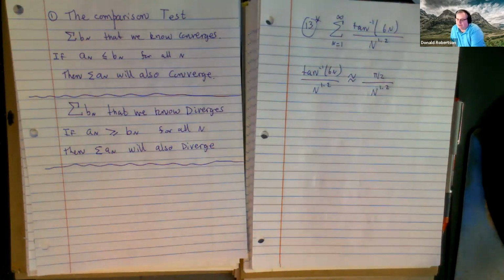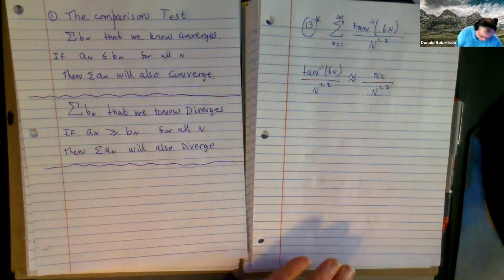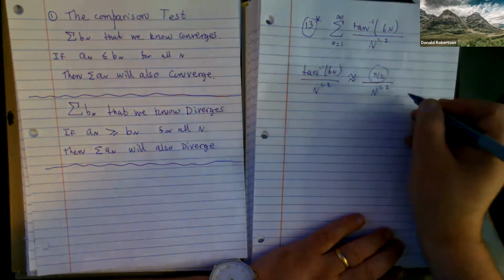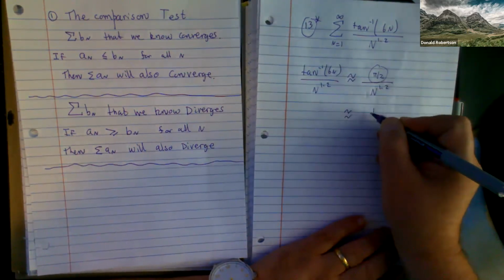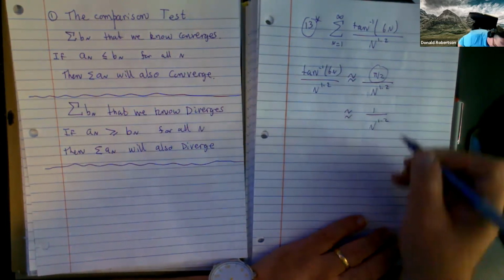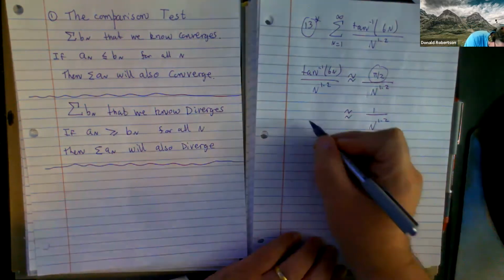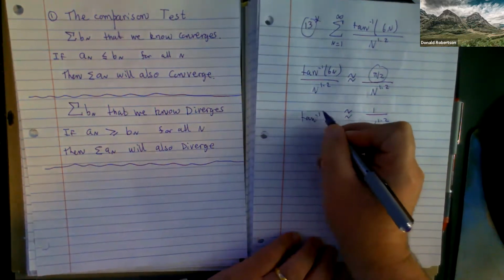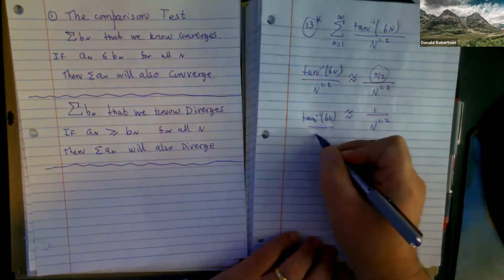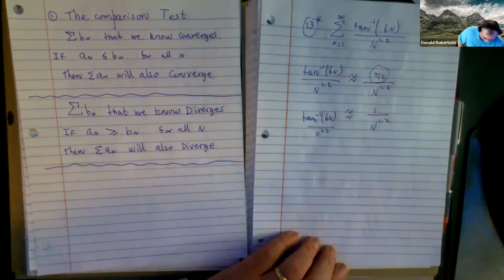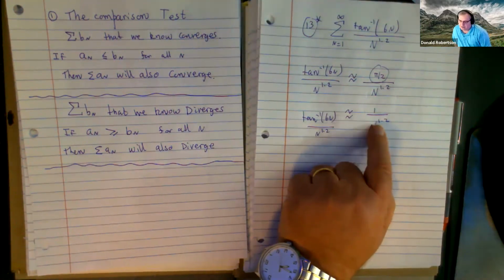Right, the inverse tan of infinity would be pi upon 2. So I don't want fractions, although I could get away with it. I'm just going to call it that guy. So my original function, the one I'm trying to find out, does this guy converge or not, behaves like this guy.